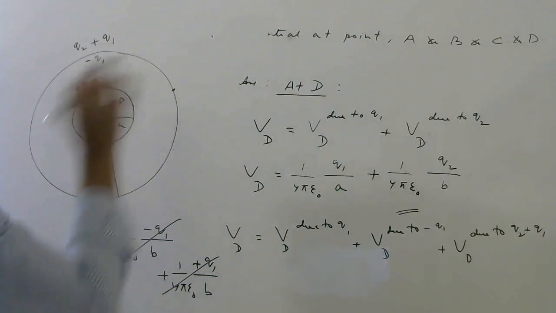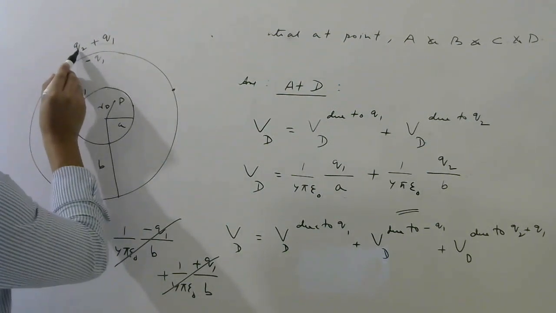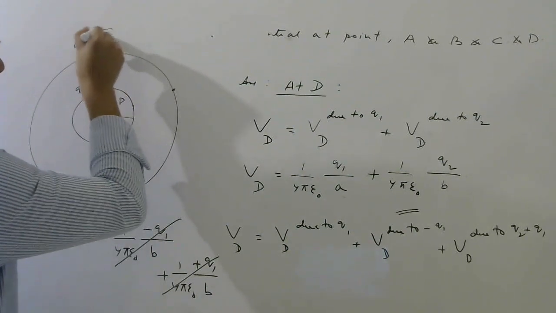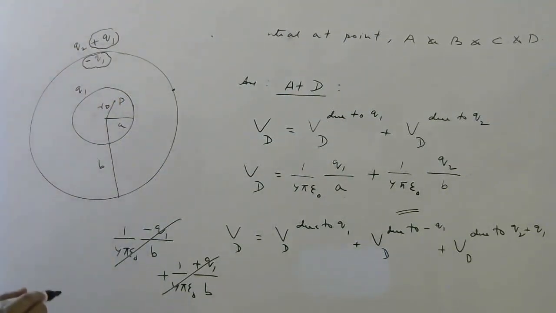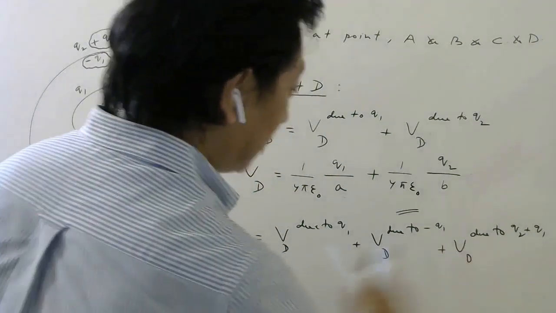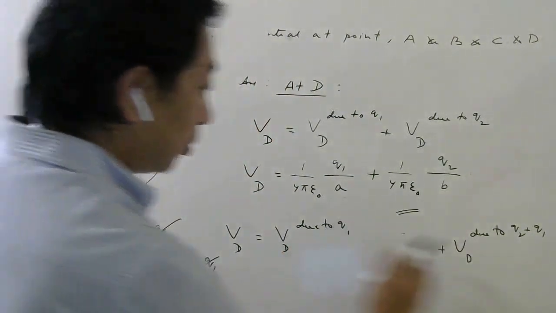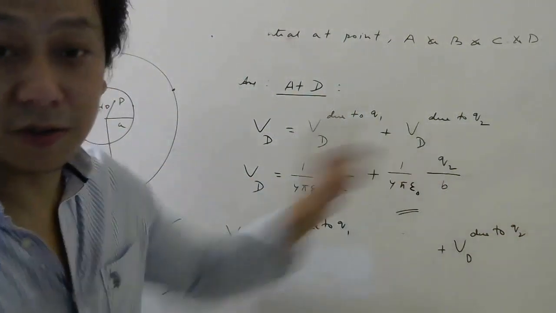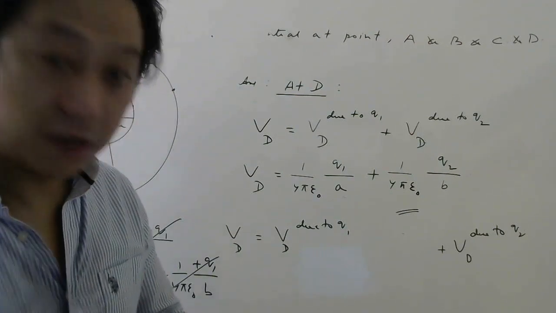So at any point the potential will be due to each of these, but the potential due to this plus Q1 will cancel the potential due to this minus Q1. Understood? Like I have explained here. That's why there's no point writing it this way. You can simply write that the potential at any point will be due to Q1 and due to Q2, which I have done here also. So that's why I did not consider the distribution of charge.